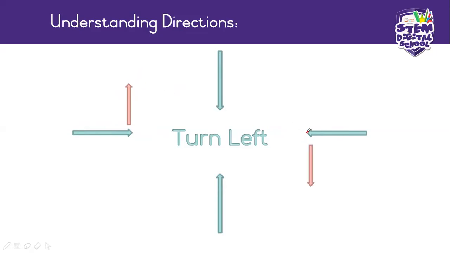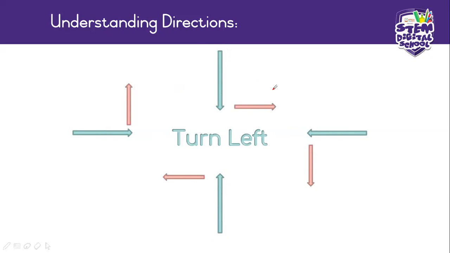If you are facing that way, then your turn left will be down. If you are the same direction that we are facing, so if you see Laurel's back, turn left will be the same as your turn left. And then if Laurel is coming from the top and she's coming down, then turn left will be the opposite of your left.